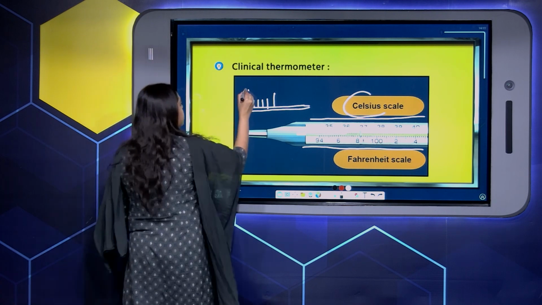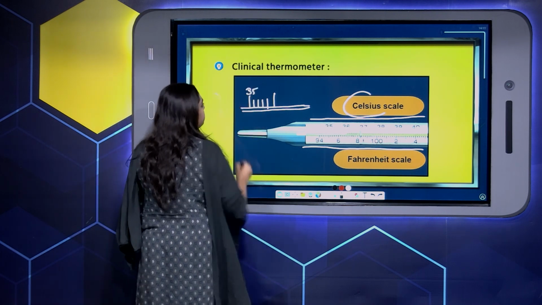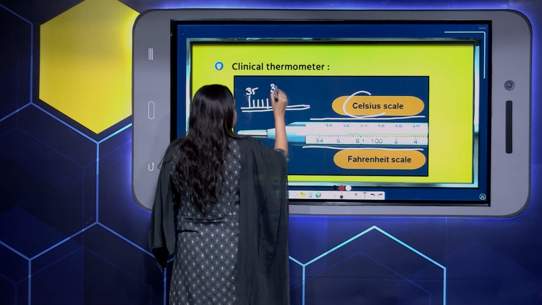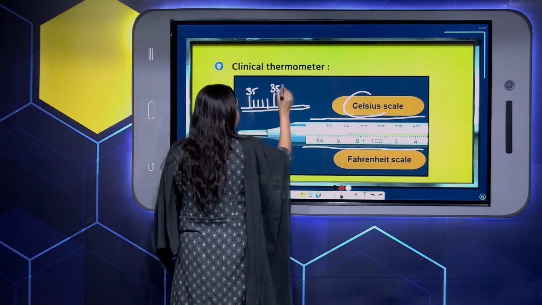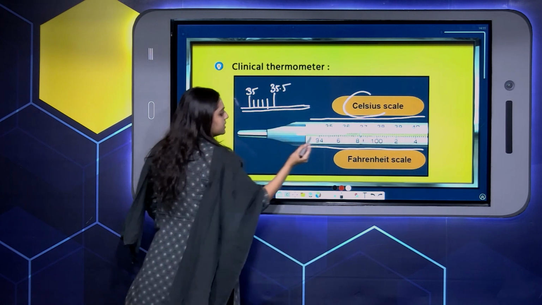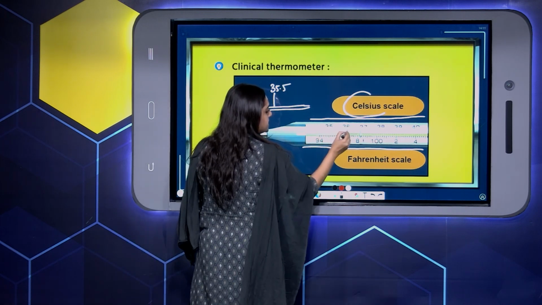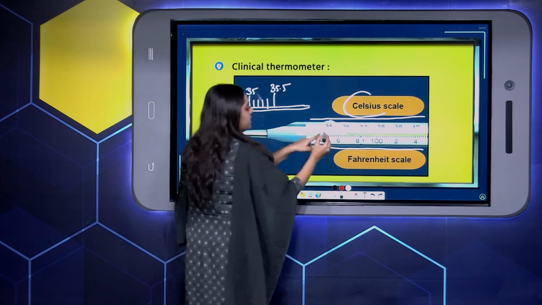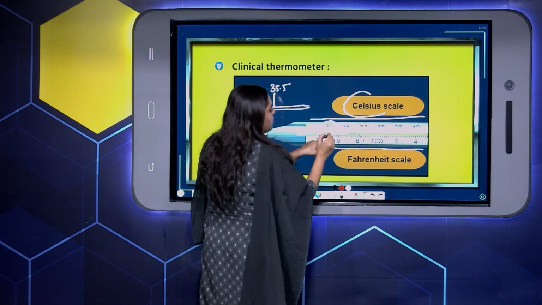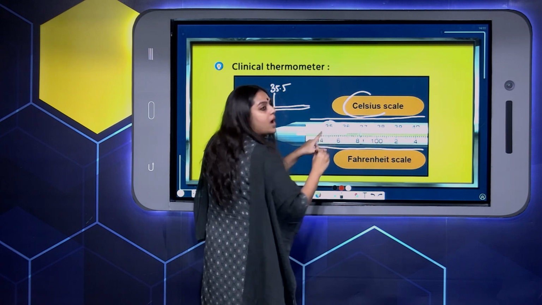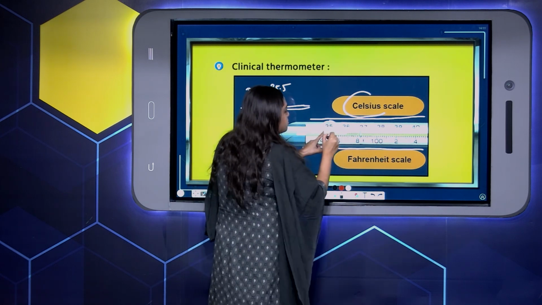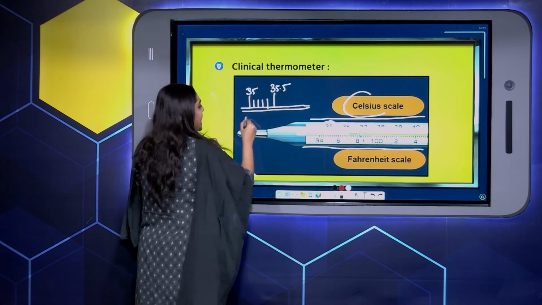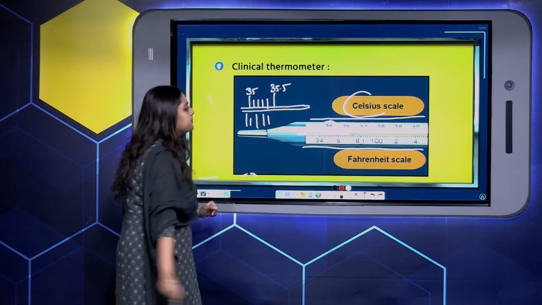Now, if this is 35, you will find that this is 35.5 and this is 36. So, if we want to get 1 degree more, we need to travel these 10 calibrations, right?